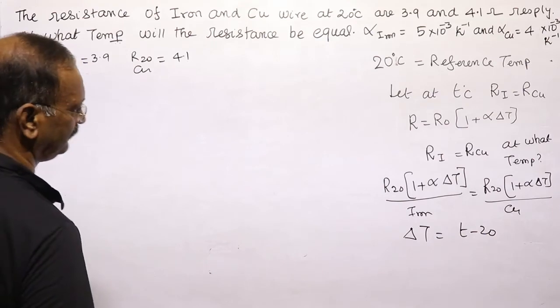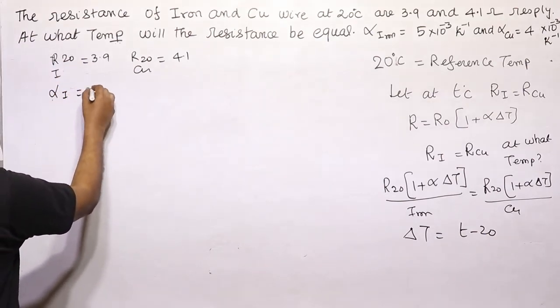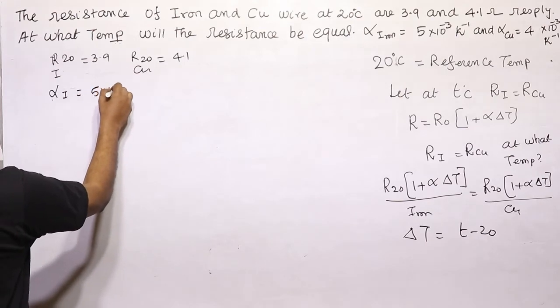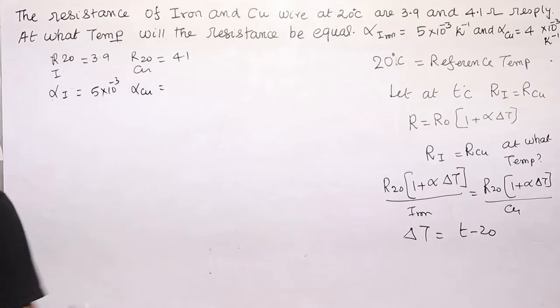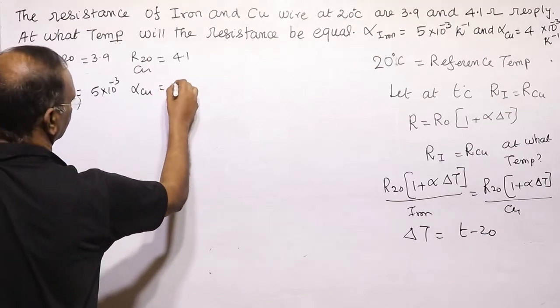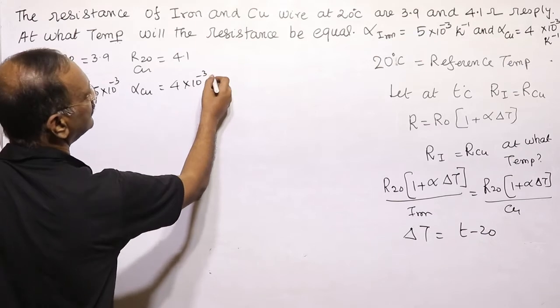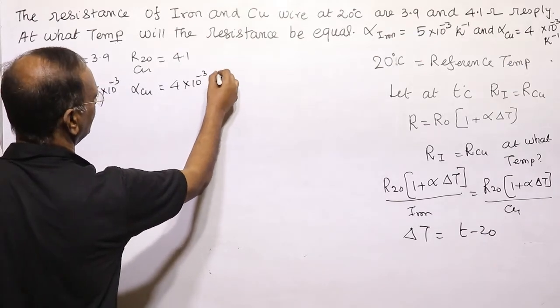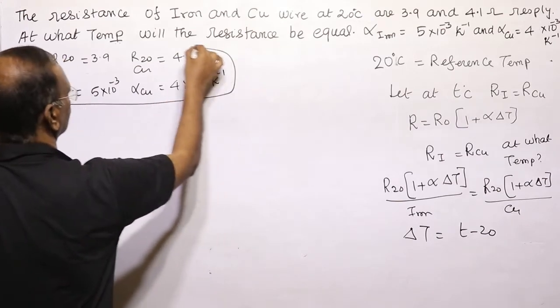Alpha for iron is equal to 5 into 10 to the power minus 3, and alpha for copper is equal to 4 into 10 to the power minus 3. It is given as Kelvin minus 1 for both. So this data is given to us.